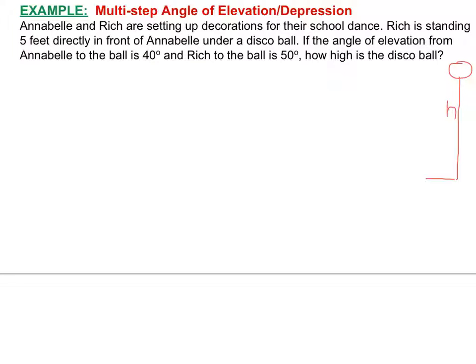And we know we're working with a right triangle. So let's draw that right triangle. There are two people in this picture. There is Annabelle, and 5 feet directly in front of her is Rich.